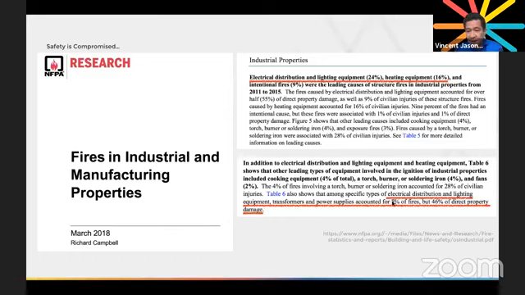However, transformers and power supplies only accounted for 7% of the fires, but 46% of direct property damage. So it becomes a very essential part of safety, fire hazard, and all that other stuff. So insulation becomes a very important part of the work we do on a daily basis.